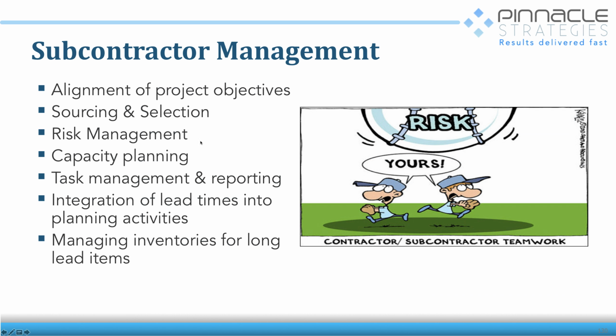When we think about this, what we're trying to do is manage the risk where the risk exists. So we're working to align the project objectives with the subcontractor objectives. Most of the time, the subcontractor has one objective, and that is to maximize profit. And there's nothing wrong with that.